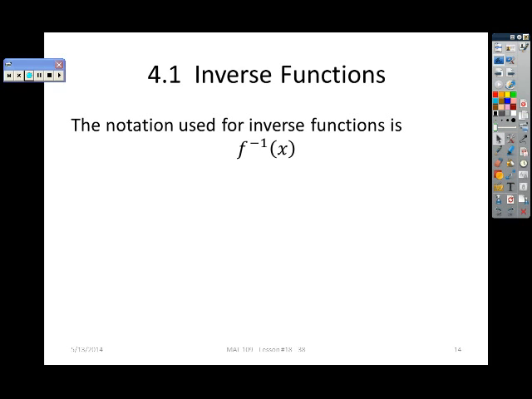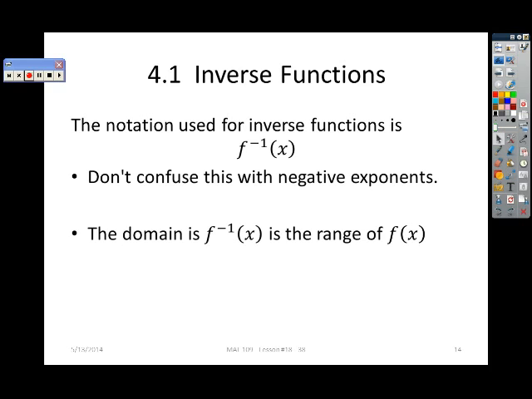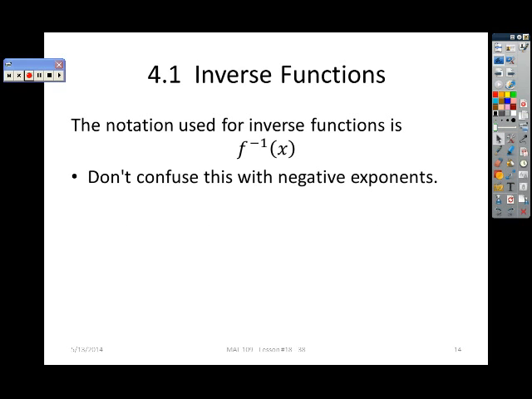It means inverse of the function. It does not mean reciprocal. It means inverse of the function. So this is f inverse of x. And that's the way you say it, f inverse of x. Function notation.